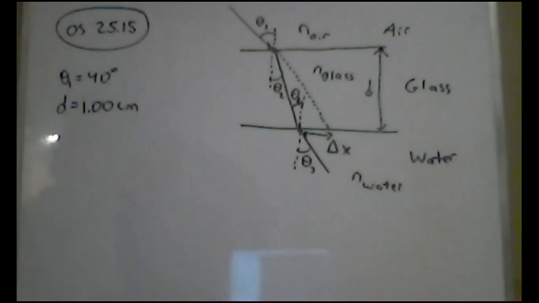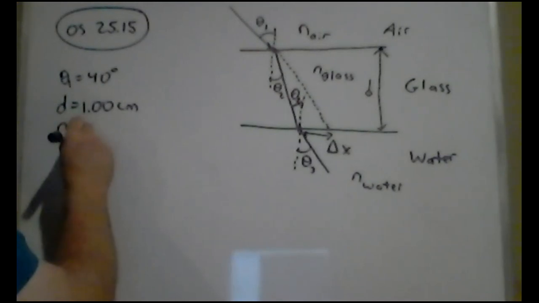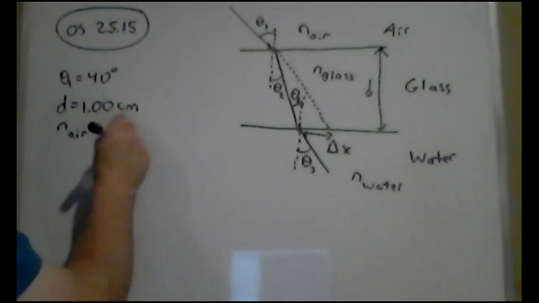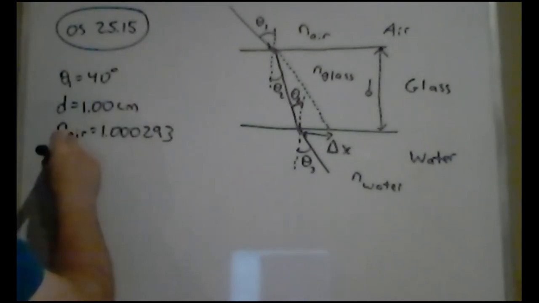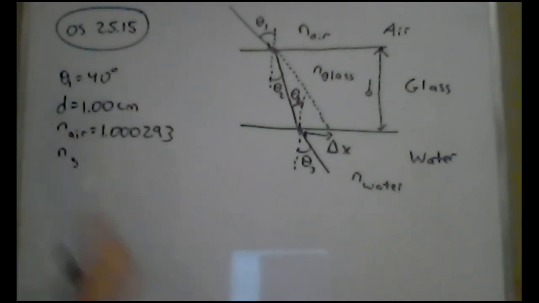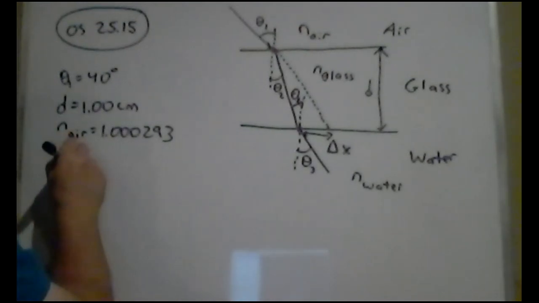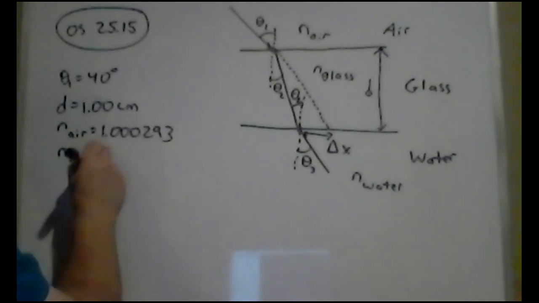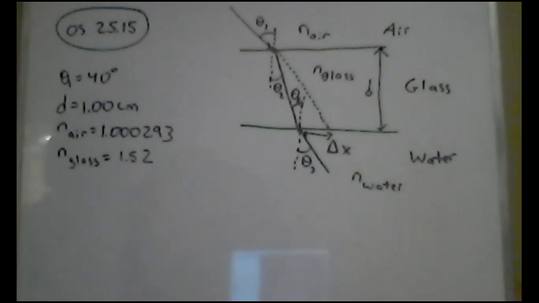If you looked up, the ones I care about will be N air, 1.000293, and N glass, which I will use crown glass, 1.52.